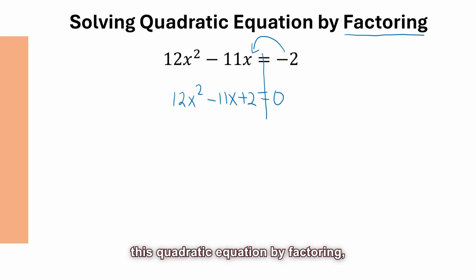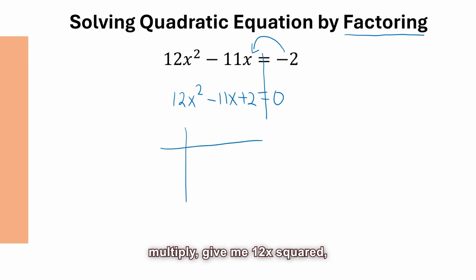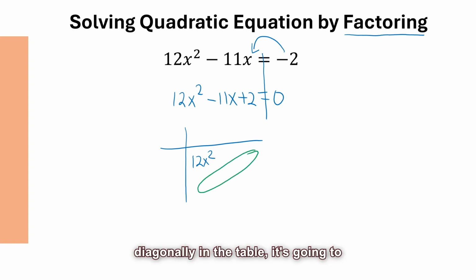To solve this quadratic equation by factoring, I am looking for two numbers that will multiply to give me 12x squared, and when I add these two numbers diagonally in the table, give me -11x, and then again multiply to give me +2.